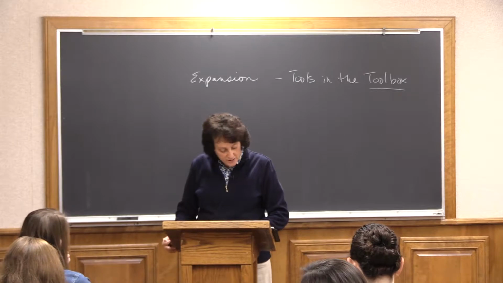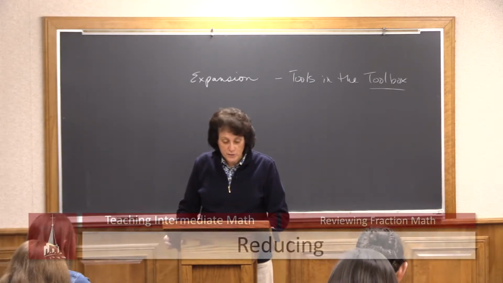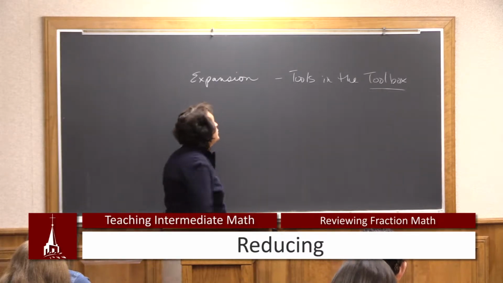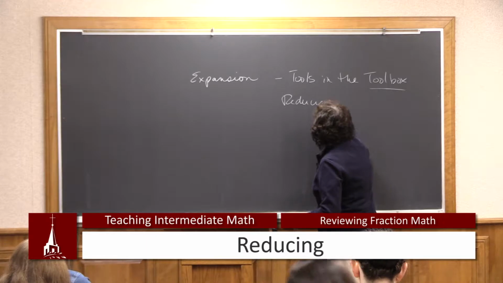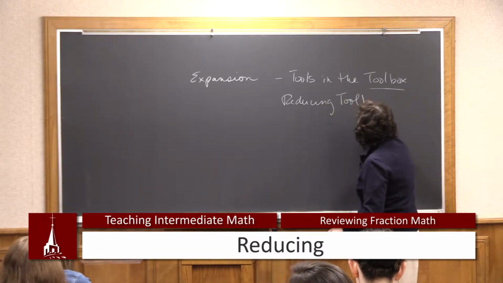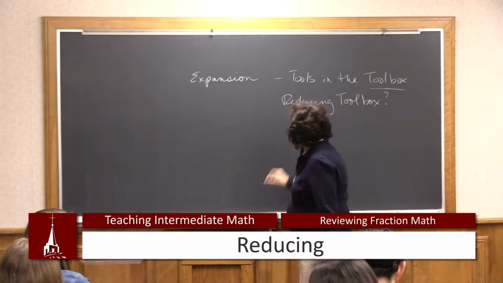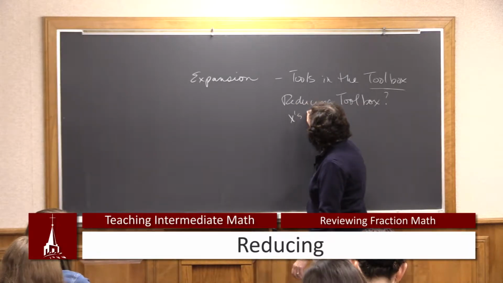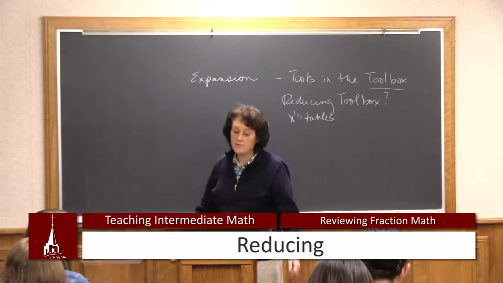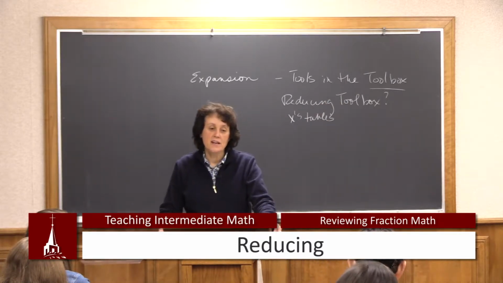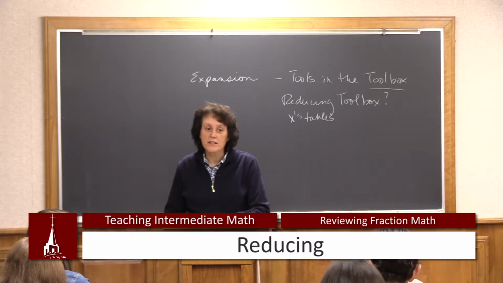So we were starting with, and I'd like to go back over and finish reducing. What are the 3 tools in our reducing toolbox? First one, yes. The times tables, yep. The times tables work very well as far as simple reducing, and that would be the first way that you would reduce.